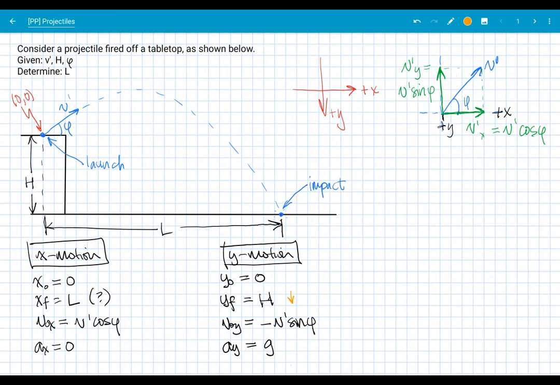So I know that's going to be positive. My v naught y is pointing upward, so I know that's going to be negative. My acceleration in the y is directed downward, so I know that's going to be positive. Okay, you can go through that for yourself. Everything in the x here, both the x displacement and the x initial velocity, are both directed to the right, which is the positive direction.